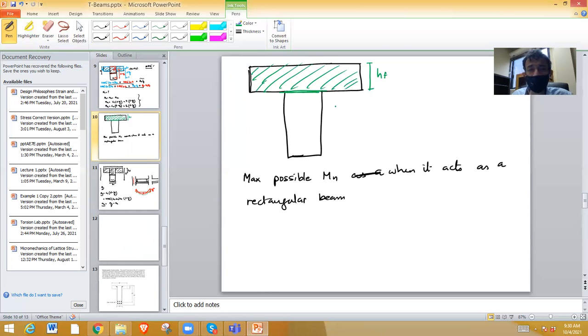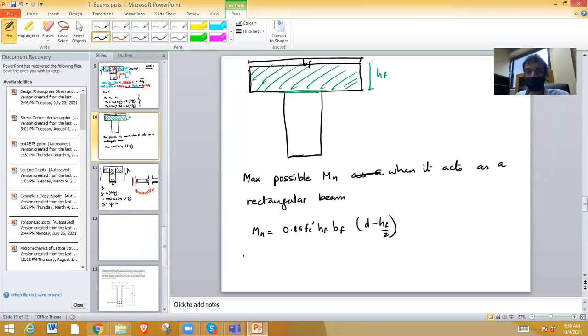This is the maximum depth of the compression block that you can have, and the beam is still treated as a rectangular beam, right? So how much will you get from here? This Mn value will be 0.85 fc prime, a is just hf, b is just bf, the full bf, times d minus hf by 2.